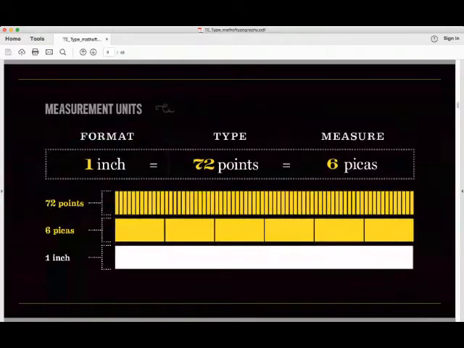So we start with measurements and units, and this is why a lot of you, especially my students, I always say to stay in points and picas, and that's because a lot of these rules and math only work with points and picas from the old days, and they don't work so well with inches, and I've tried it with inches actually, and pixels. The reason is because numerically there's a relationship to all these.